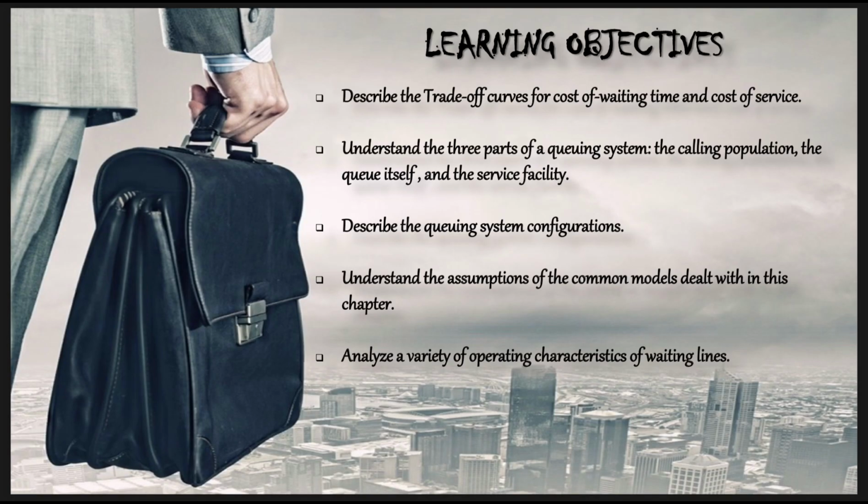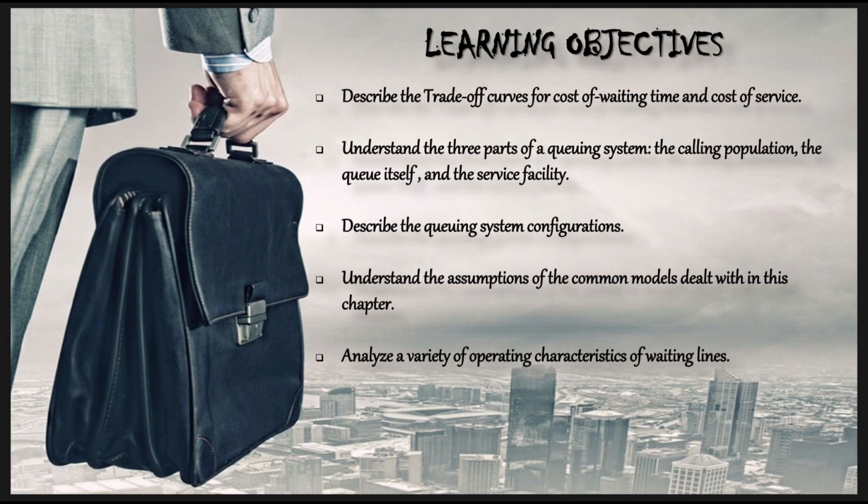Let's take a look at our learning objectives. Of course, it is imperative for us to know and present them before formulating the actual discussion. First, describe the trade-off curves for cost of waiting time and cost of service.